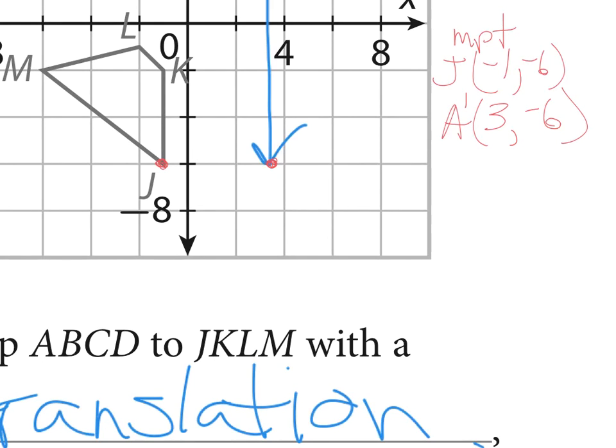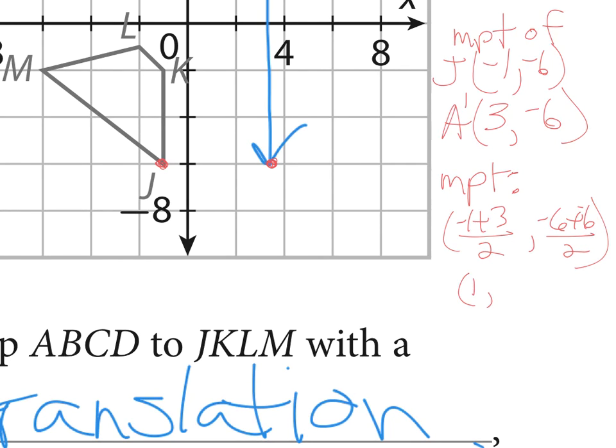The midpoint of those is going to be (-1 plus 3) over 2 and (-6 plus -6) over 2, or 2 over 2, which is 1, and the next one is -12 over 2, which is -6. So the point (1, -6), right here, is where that line of reflection is going to get drawn through.